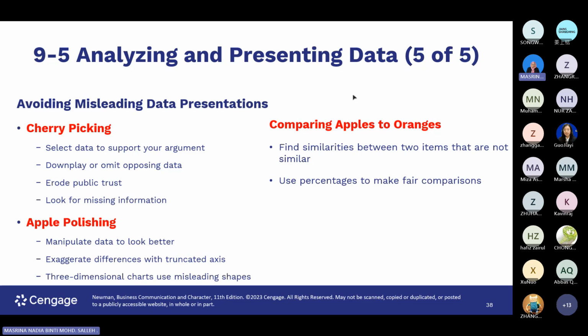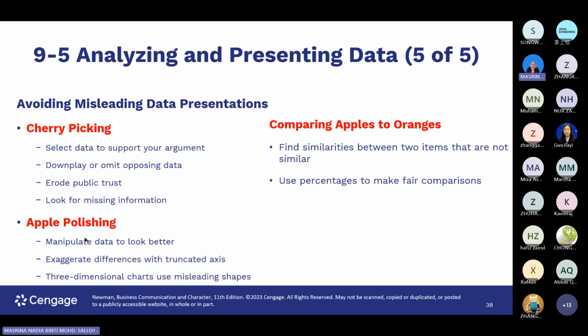And then data analysts tend to polish the data to make it look better. You have to be very careful, because when you do data analysis, whatever interpretation or output you get, there is no wrong and right.